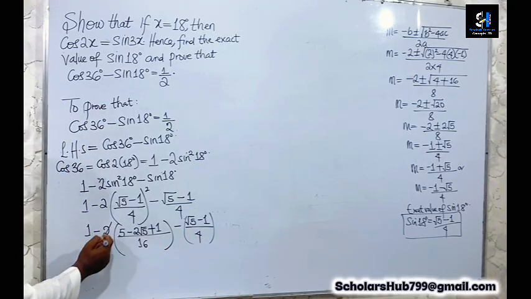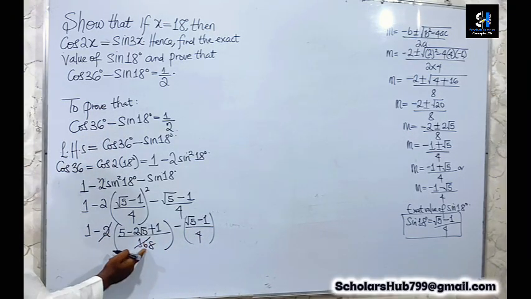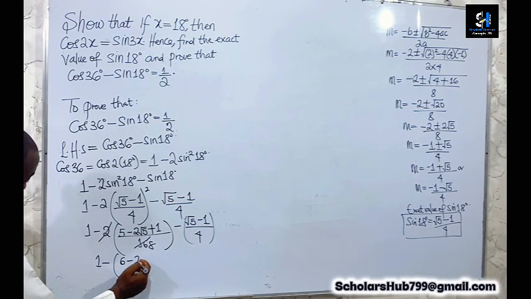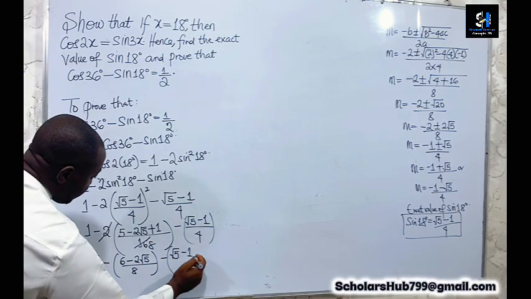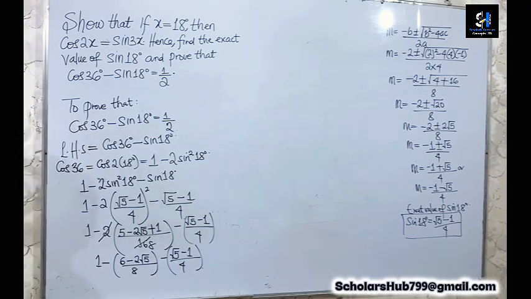So 2 in 16, that will be 8. 1 plus 5, that will be 6. So this will be 1 minus parentheses 6 minus 2 root 5 over 8, then minus parentheses root 5 minus 1 over 4.